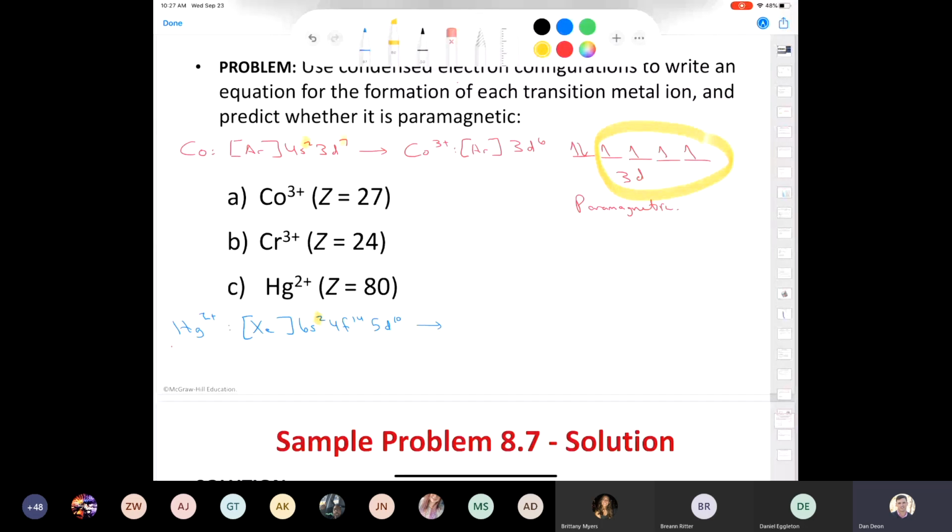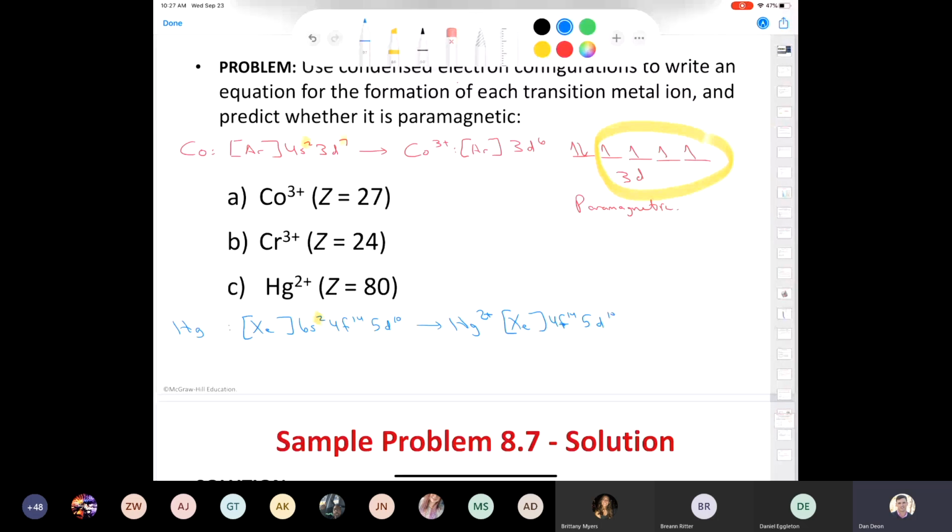Since we're only losing 2 electrons, we're going to remove the ones with the highest principal quantum number. So what I first drew was Hg, and now my Hg2+ is xenon, followed by 4f14 and 5d10, like that.